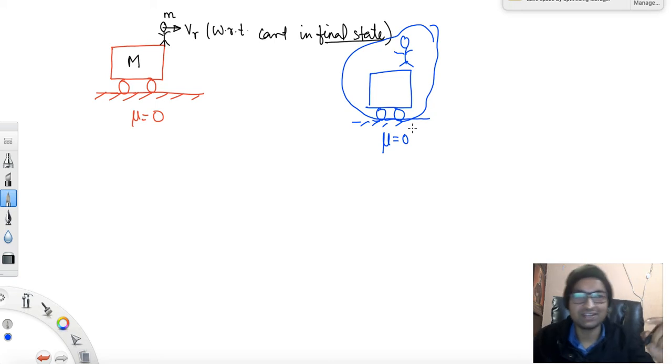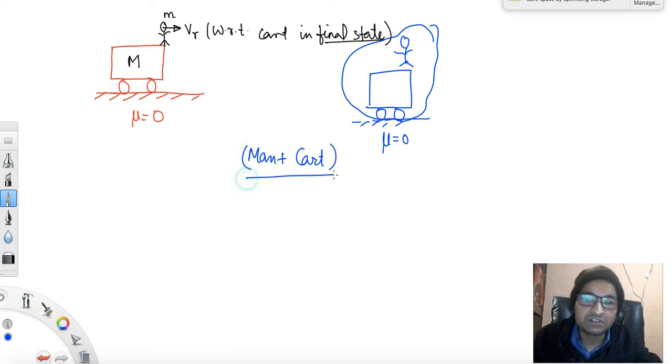So we can surely say that the momentum of this system consisting of man plus cart is going to be constant. So what is the initial momentum? The initial momentum is 0, because the cart as well as the man is at rest. And what is the final momentum?